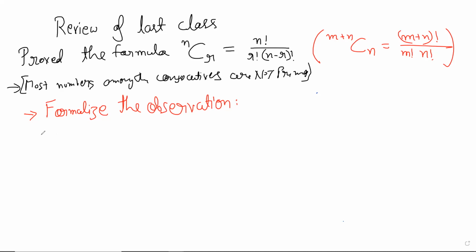N consecutive, yes. Let me not say N, let me say R maybe. I could say N, but we can take N only. So N consecutive numbers, and this is a very good theorem in number theory.